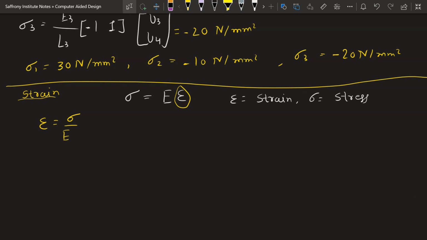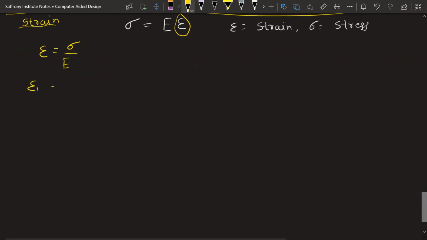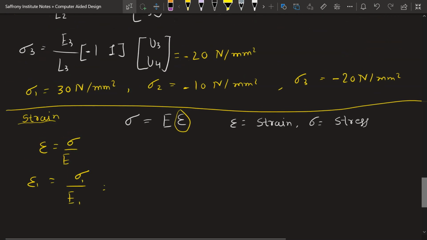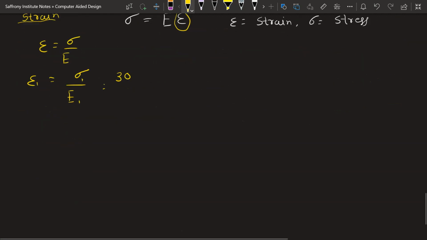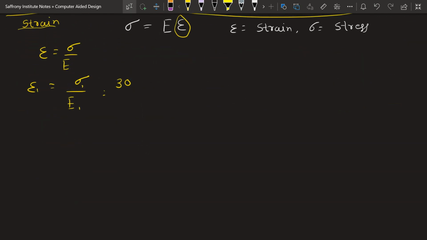If I write this equation for the first element strain, epsilon 1 is equal to sigma 1 by E. What was the value of sigma 1? Sigma 1 was 30, so we replace it by 30. The value of E is 2 into 10 raised to 5.